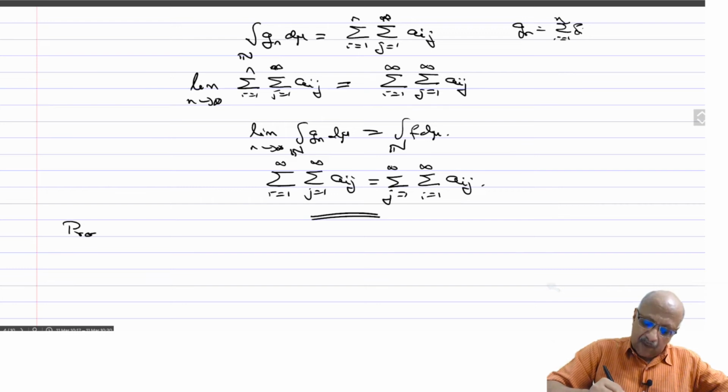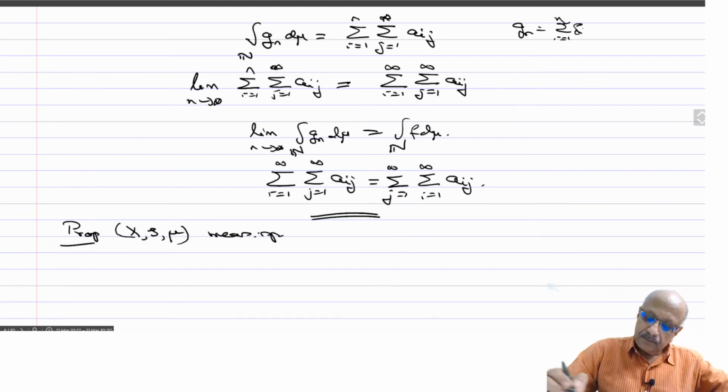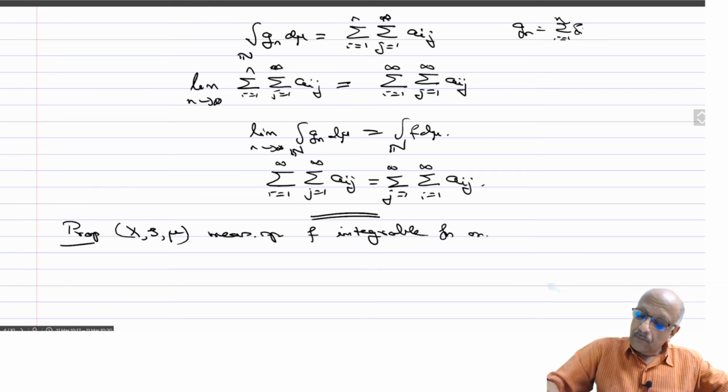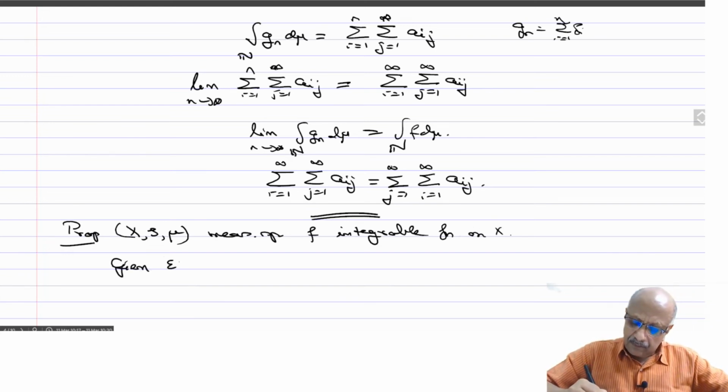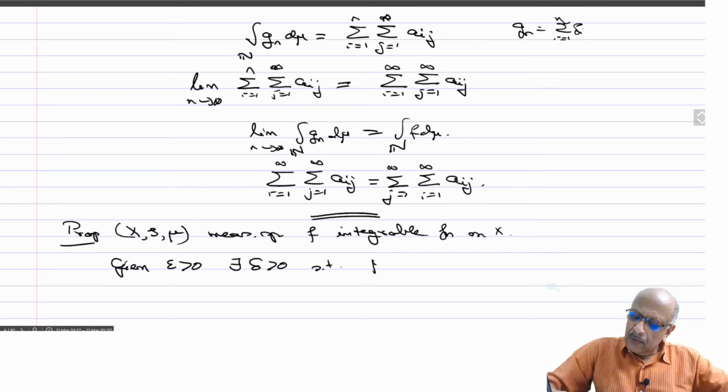So, proposition. Let (X, S, mu) be a measure space, and f an integrable function. Given epsilon greater than 0, there exists a delta greater than 0 such that mu of E less than delta, E in S, implies the integral over E of mod f d mu is less than epsilon.